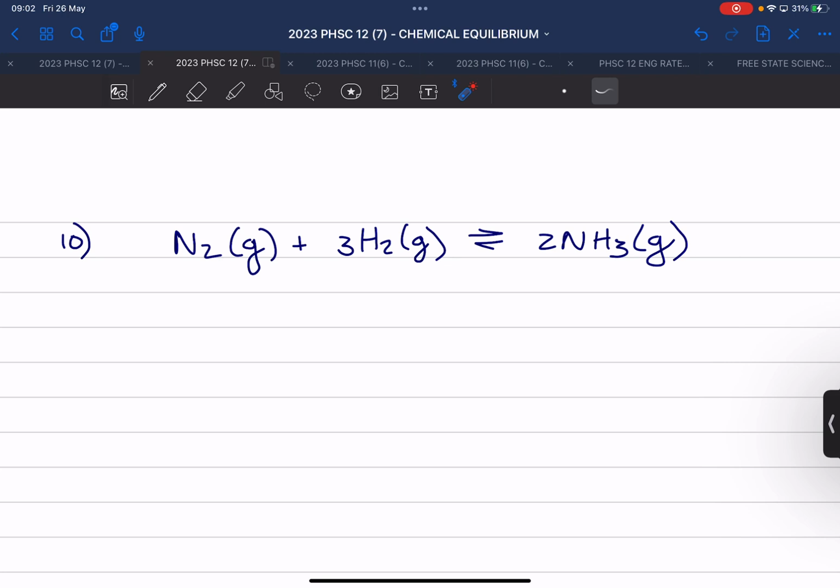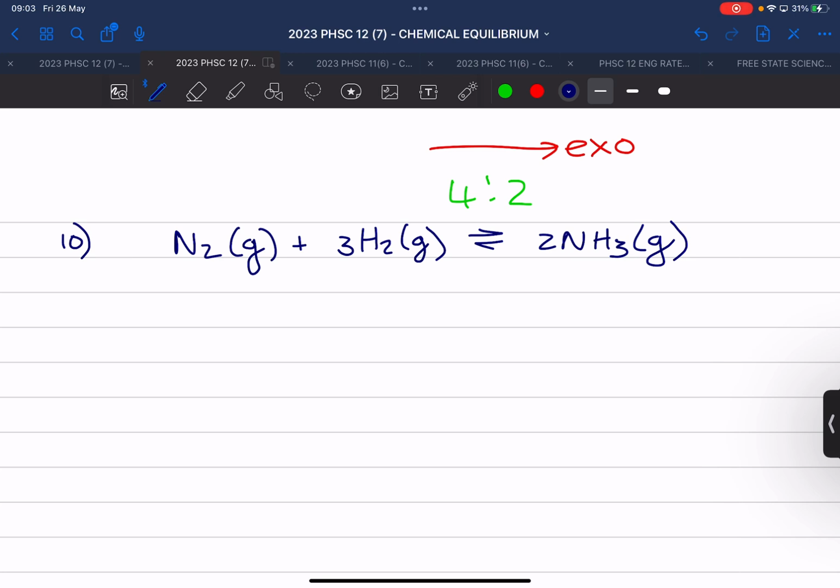You check the mole ratio, 1 plus 3 gives you 4 to 2. And you should know that the forward reaction is exothermic.